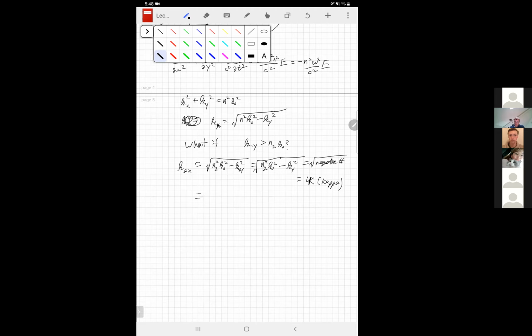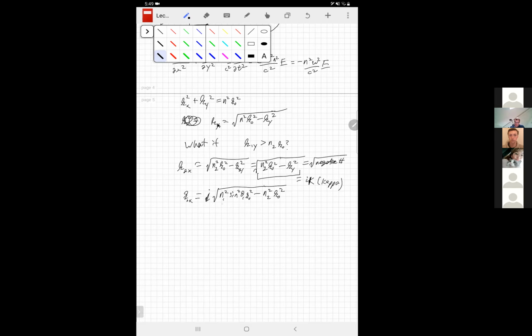So we get that K2x is i times the square root of n1 squared sine squared theta 1 k naught squared minus n2 squared k naught squared, because I flipped this around, I multiplied it by -1.